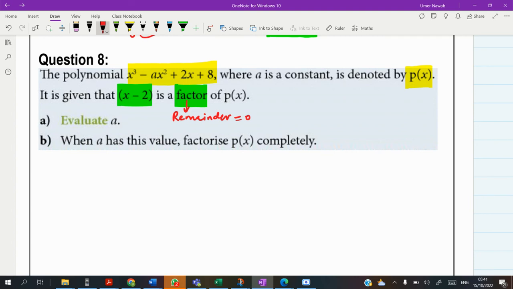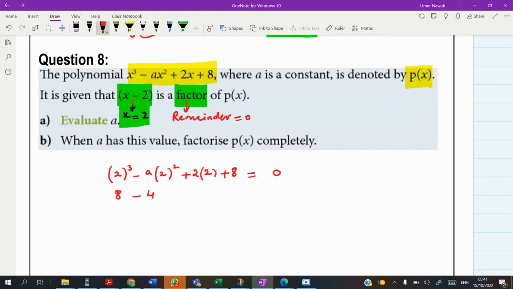The factor tells you the remainder is zero. Use the remainder theorem. So x is equal to 2 is the critical value. Substitute in the place of x. And now at this time, the remainder is by default 0, and this is called the factor theorem.